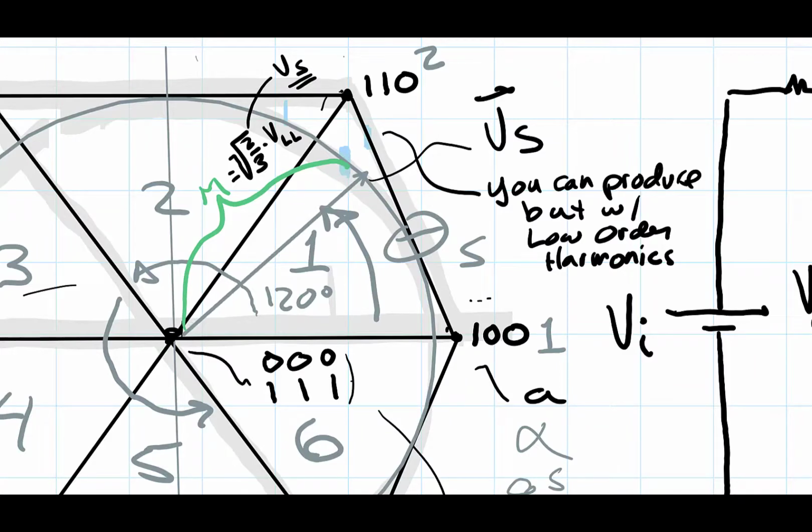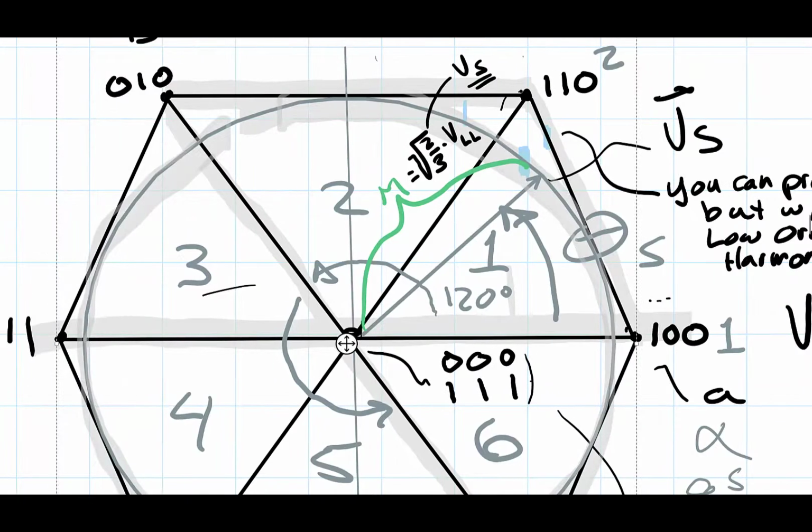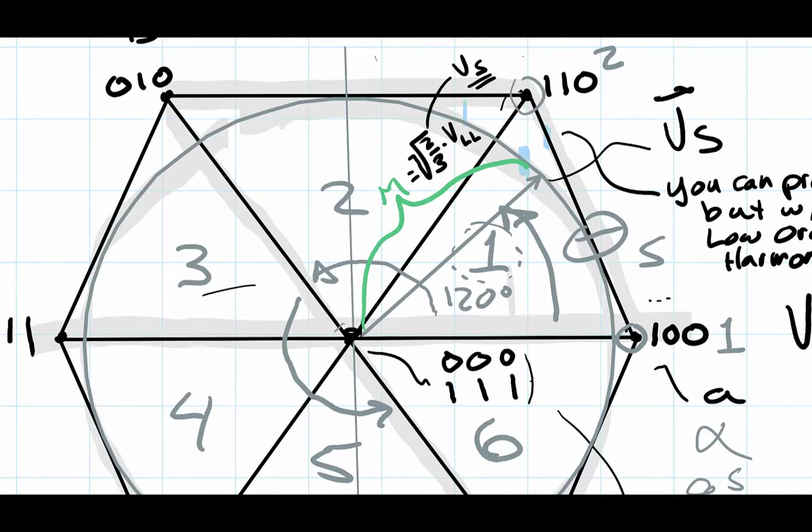we synthesize this peak voltage by dwelling a certain period of time at this state here. And we're in what's called sector 1. We spend a little bit of time on this state, then this state, the 0 state, and then we go back the other direction and go back to this state and back to this state, and then we go back to a 0 state.